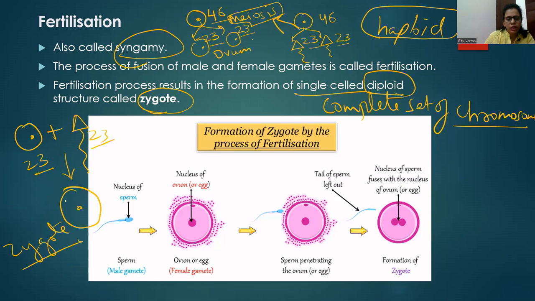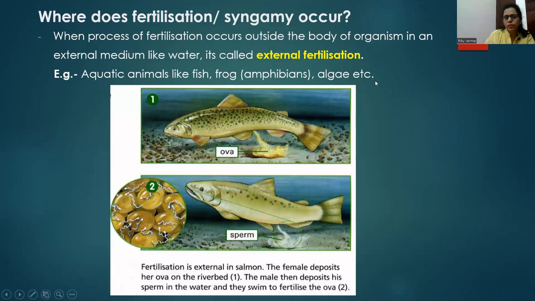In this zygote, chromosomes have come from both the ovum as well as the sperm. So now this zygote will have a total of 46 chromosomes, that means a complete set of chromosomes. That's why we say that the zygote has a complete set of chromosomes, and hence it is called a diploid cell.